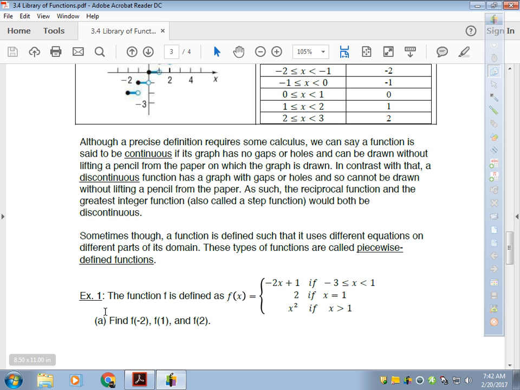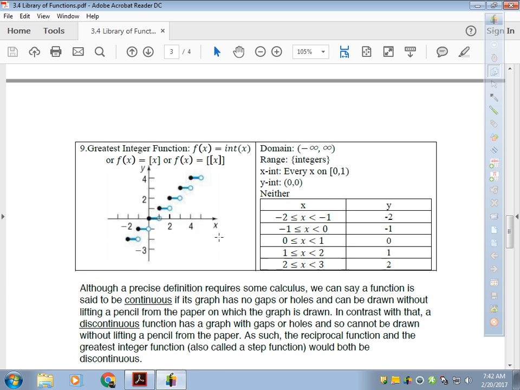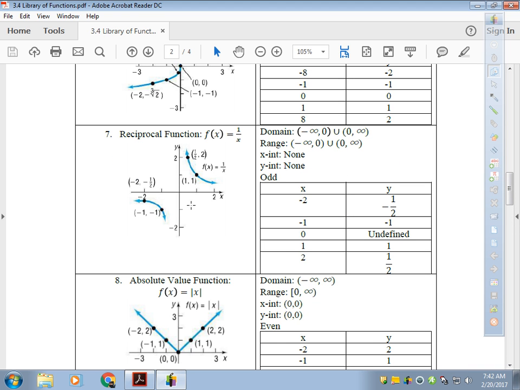So 2 of these functions are discontinuous. This one right here, because to draw it, you'd have to draw this thing and then pick up your pencil and draw this thing, pick up your pencil, draw this thing. So this is a discontinuous function. The other one that is discontinuous is the reciprocal function right here, because you'd have to draw this part and then pick up your pencil and draw this part.